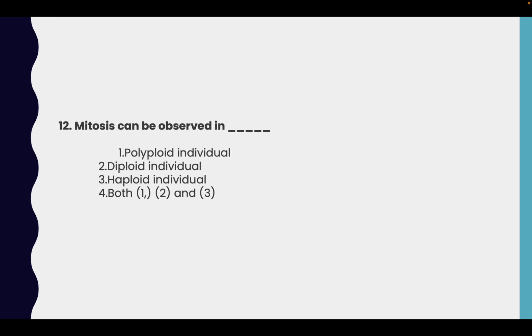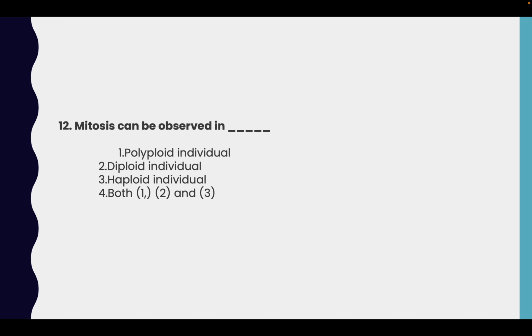But it can occur in anyone, not only diploid. Option 3, only haploid. Haploid, diploid, both. And what about polyploid? Also. So is it option fourth?